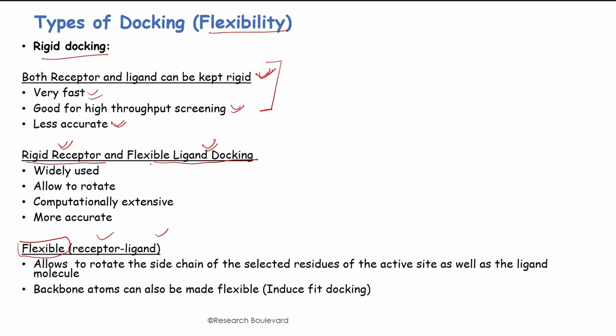Another form of docking is when you keep the receptor flexible and the ligand flexible. You are only allowing the side chains of some selected residues, those which are important for interaction or binding at the active site pocket, to be flexible, as well as the ligand.